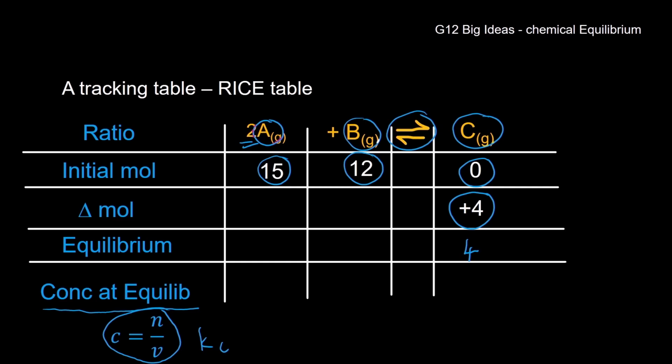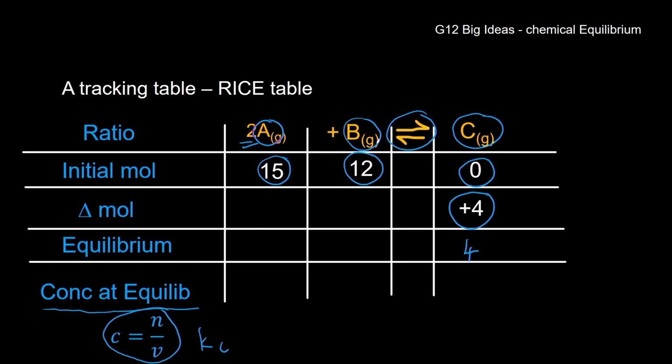So now I'm going to work back. How does that then impact the reactants and how they are being used up? So the change in mole, I need to use the ratio. So if 4 moles of C are formed, the ratio is 1 to 1, so 4 mole of B will be used up.